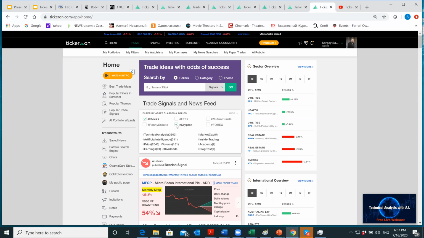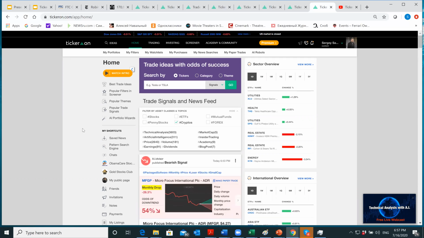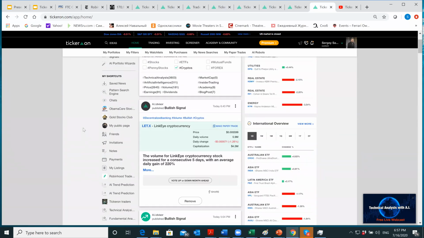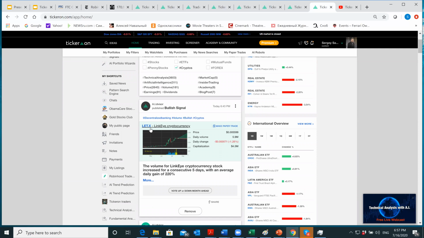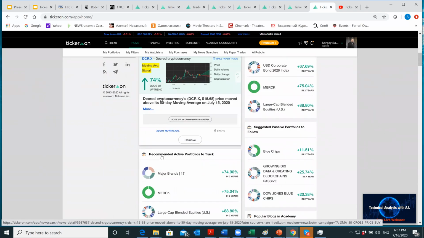You click crypto, unclick stocks, and now your feed is for the cryptocurrencies, with the only difference being the .x we're putting here. So these are all the free signals for crypto.